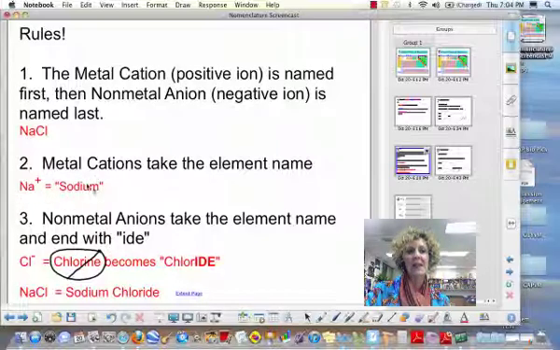So Na is sodium, and the non-metal anion takes the element name, but it ends with "ide." So regular old Cl would be chlorine, but because it's now an anion, it becomes chloride. So NaCl, we say, is sodium chloride.